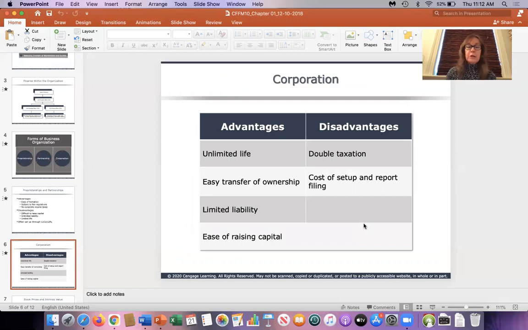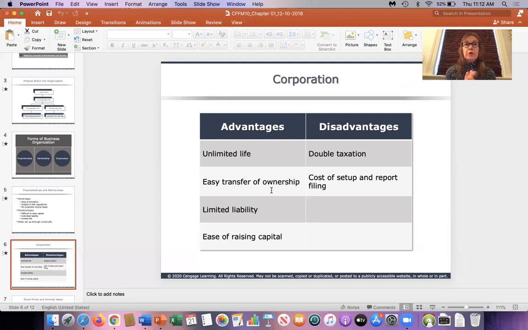All right, so a corporation, what are the advantages of a corporation? Well, with a corporation, the owners are the shareholders. So whether the corporation is publicly traded or privately held, anybody who owns a share of that stock is an owner.